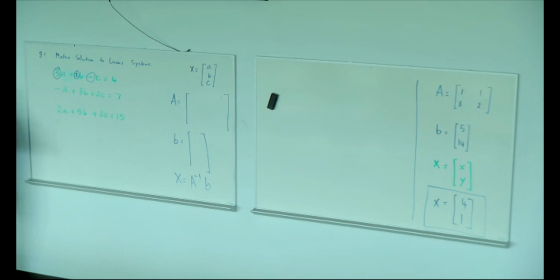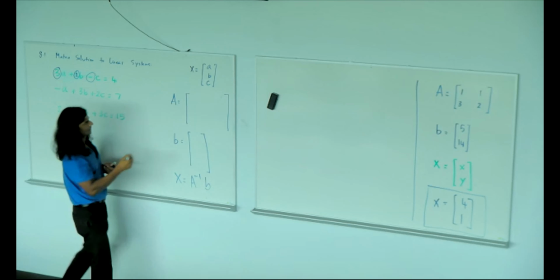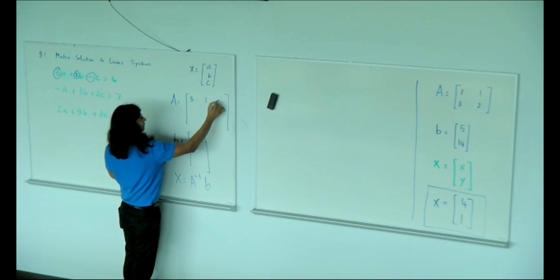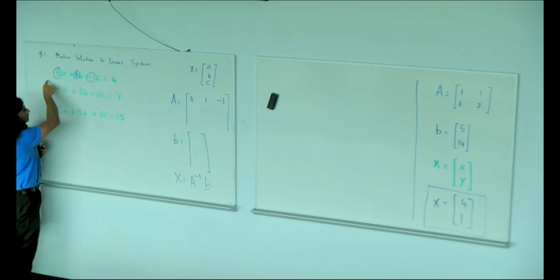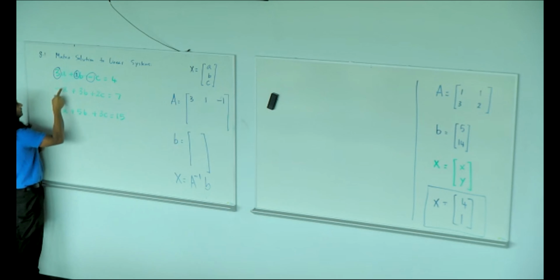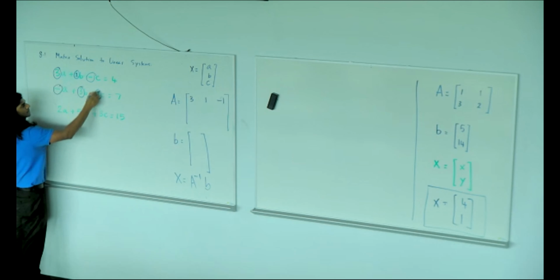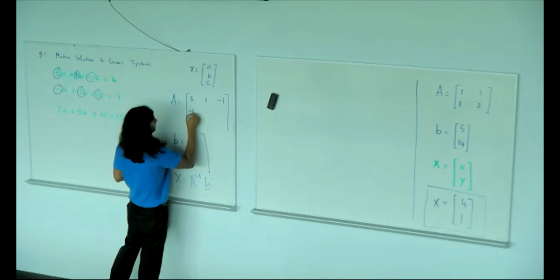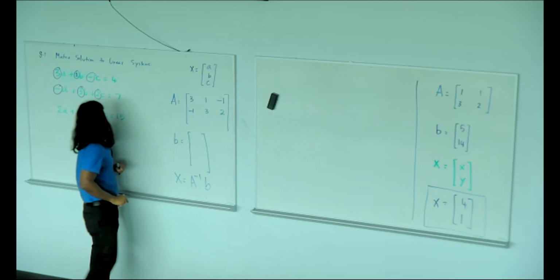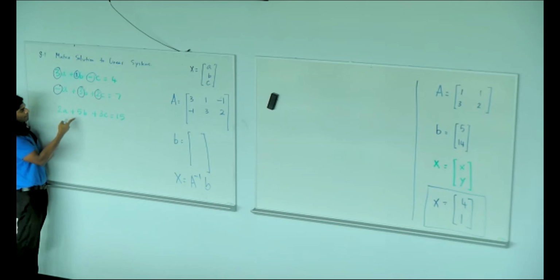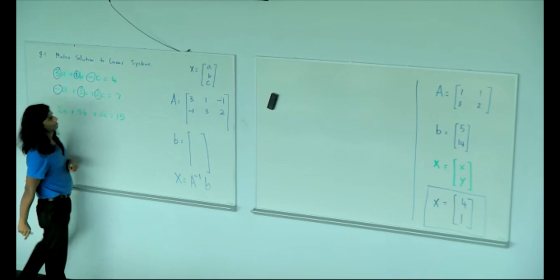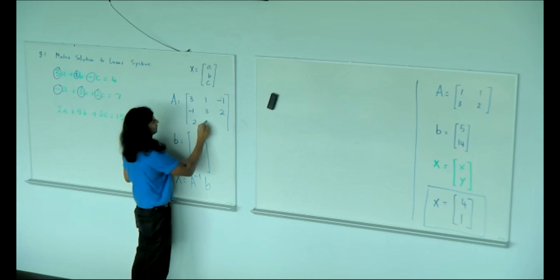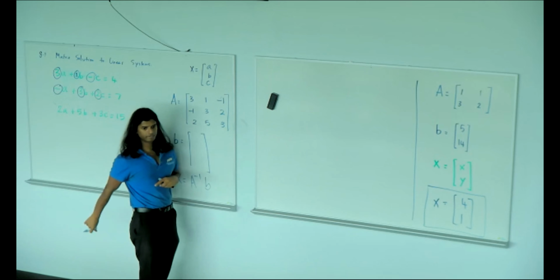Again, I won't get into theoretical details. So 3, 1, minus 1, first row. Minus 1, 3, 2, the second row. 2, 5, 3, third row.